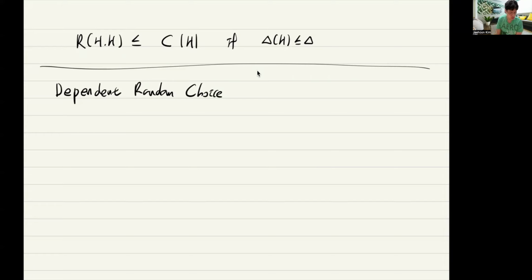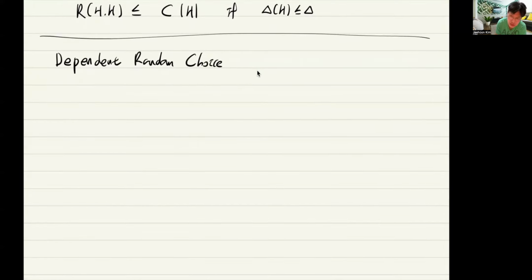So basically, what we did before was using this dependent random choice to prove theorems in Turán theory, so we use it to find a copy of a small graph H in graph G. Then how did we use it? We find U such that any, say, T vertices here have a large common neighbor.